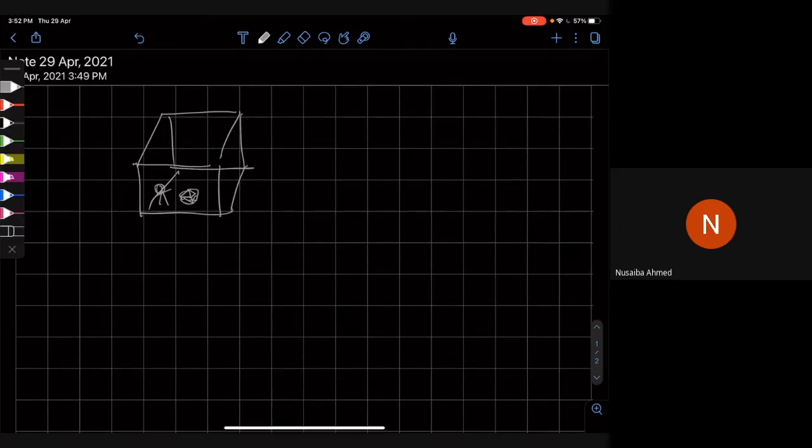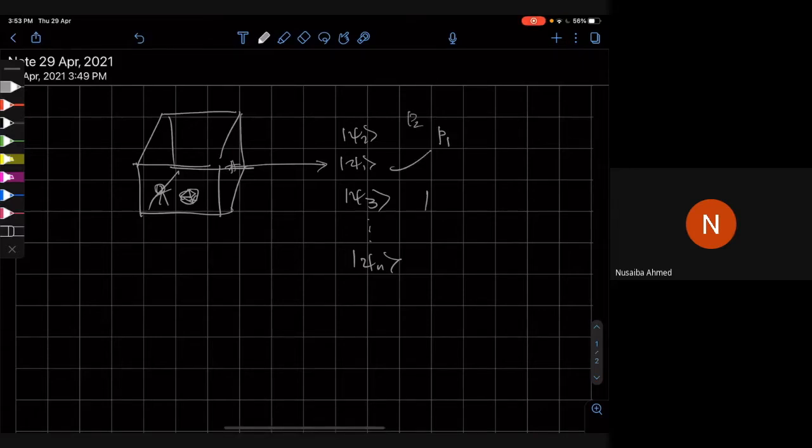distribution is something. And depending on the result of the die, the person is throwing out a state from a collection of states, say psi 1, psi 2, psi 3, say psi n, each with probability say p1, p2, p3 dot dot pn.